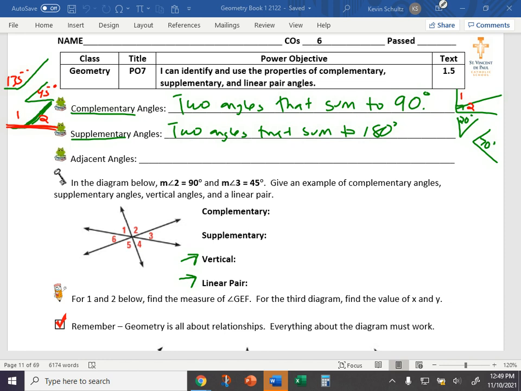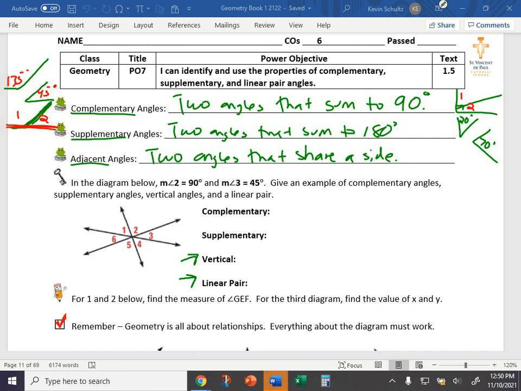And adjacent angles, what does the word adjacent mean, Joey? Close together. Next to, okay? So in this context, two angles that share a side. In order for angles to be adjacent, they have to be touching and they have to share a side.